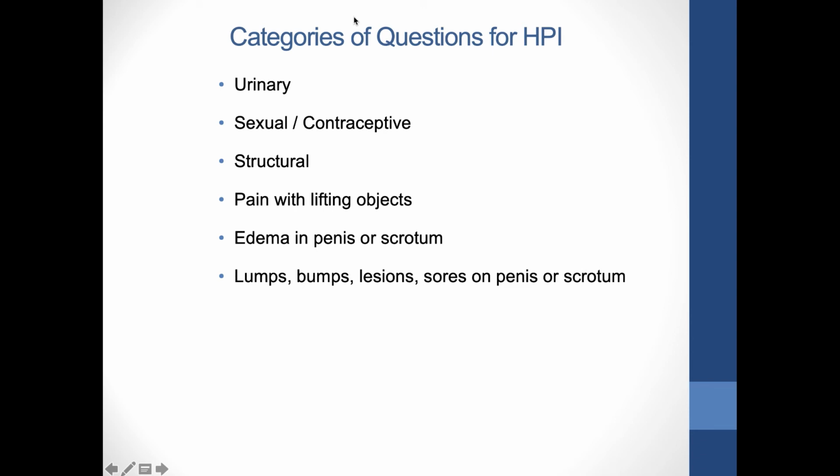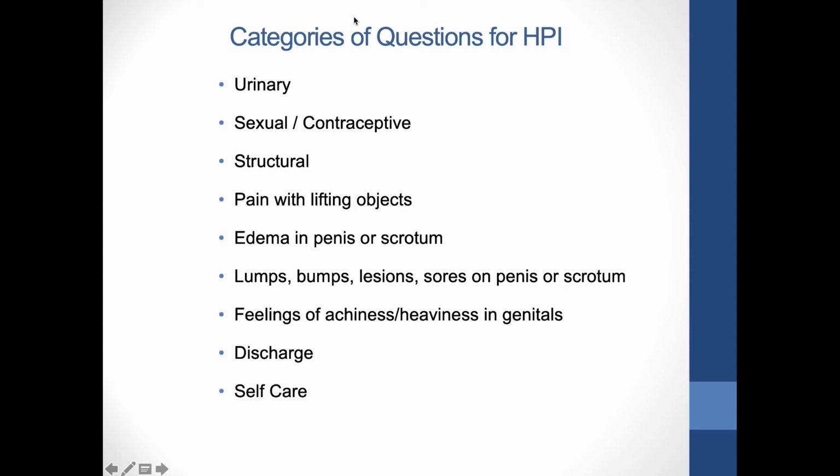If they have any lumps, bumps, lesions, or sores on their penis or scrotum. Feelings of achiness or heaviness in their genitals. Any discharge from the penis. And what their regular self-care is. And if they're doing any type of self-exams on their testicles. And if they're getting regular exams from their physician.